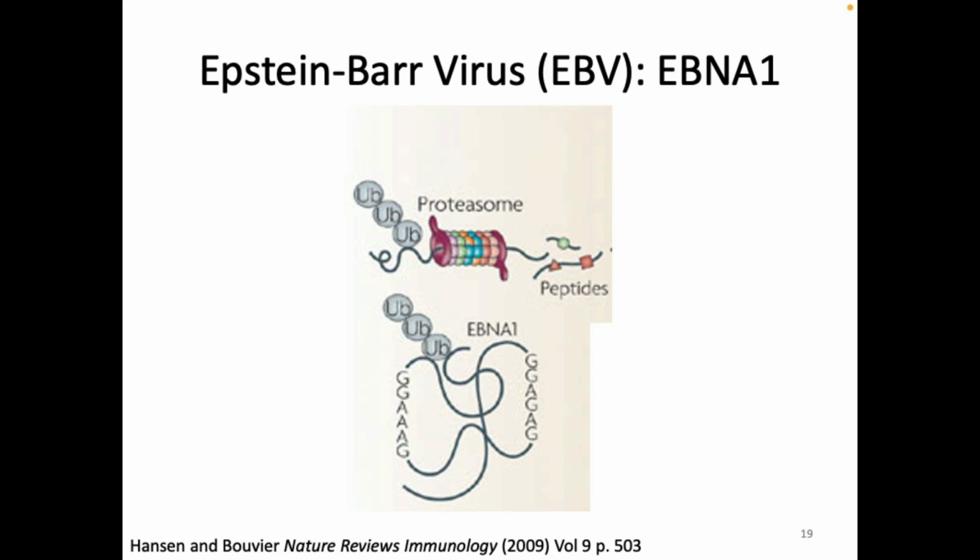I told you guys last time, all of your cells 24/7 are presenting whatever proteins are in them on MHC class 1. Just like saying, T cells, am I okay? T cells, this is what I got. And I know that you guys were a little bit worried about that in terms of autoimmunity issues because you're presenting all your self-peptides. And I said that's why T cell tolerance is great.